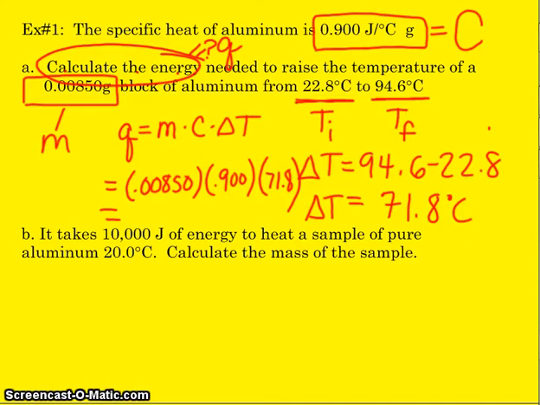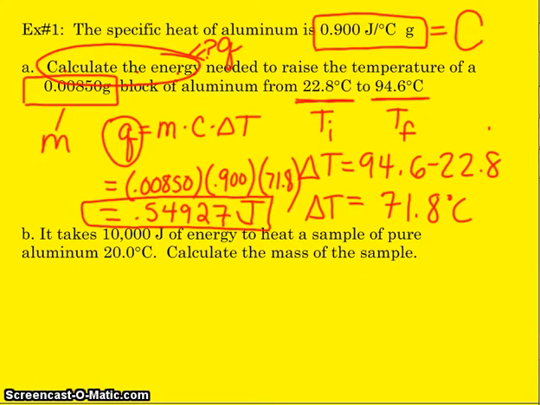Let me just make sure I did it right, 0.0085 times 0.9 times 71.8. You should come up with 0.54927. And you found Q, and Q's units are joules. That is your final answer.